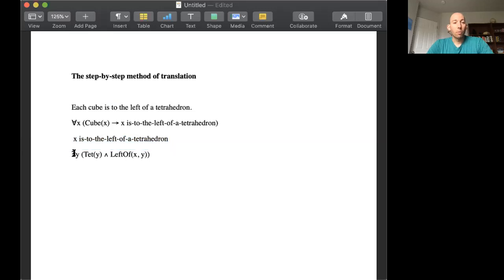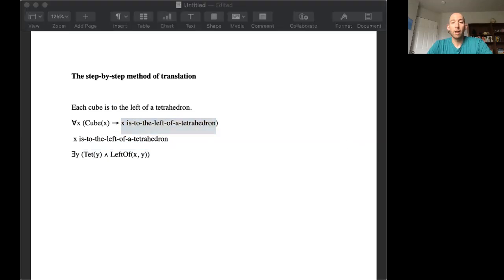So now we have a way of translating this verb phrase from the original sentence that we had. What we'll do is replace that verb phrase with the translation that we've provided for it.